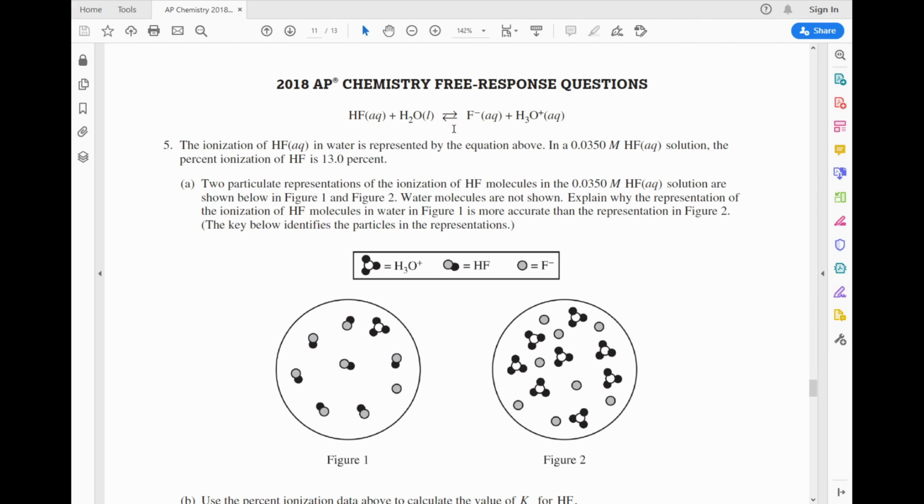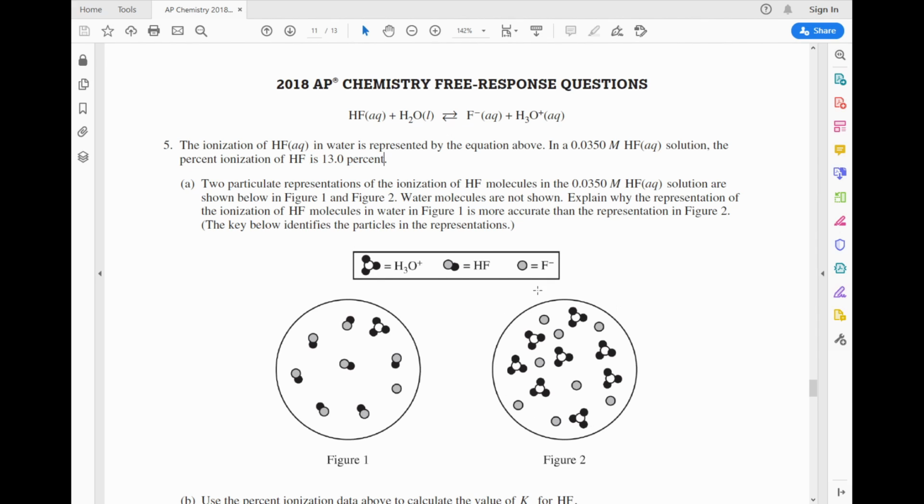So let's take a look at these two molecule structures. If we look at Figure 1, we've got HF here, and we have a single F minus and a single H3O plus. If we look over here, we have a bunch of F minuses, a bunch of H3Os, and no HF. So why is Figure 1 better than Figure 2? There are two ways to think about this. The first is if we talk about the percent ionization. It says 13% is ionized.